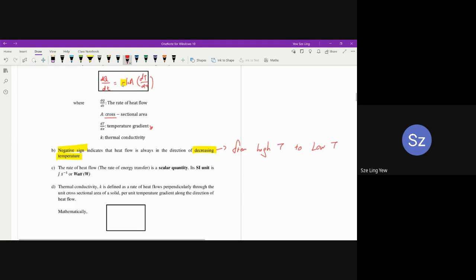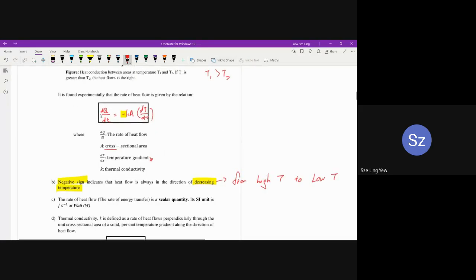So when you apply this equation, what are you going to do? This equation can be expanded. It becomes negative KA (T final minus T initial) over dx, where dx is the change in the length of the rod. As I told you just now, T initial is the hotter end, and T final is the cooler end.